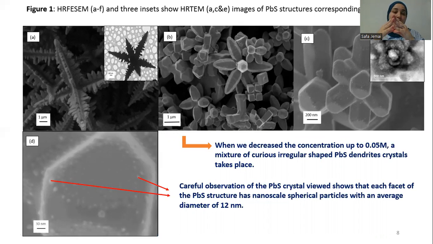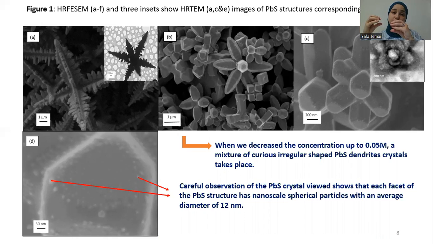For the morphological properties of our samples, as we can see here, figure 1A presents the shape of our products in series A. We succeeded in synthesizing starfish-shaped PbS dendrites with 6 symmetric arms extending from the center.